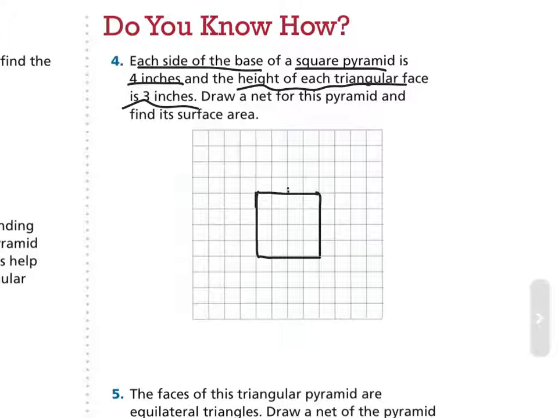So height of the triangles is 3. So if you can imagine drawing these triangles here, we need to draw them so that we have a height of 3. So you got to go up 3 squares from the middle of your base.